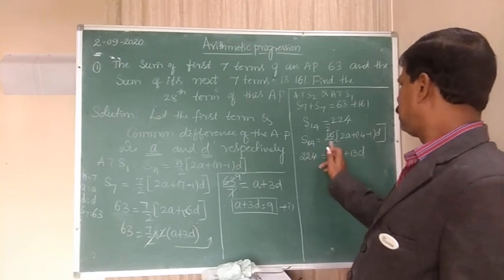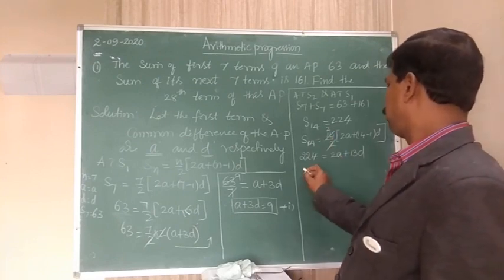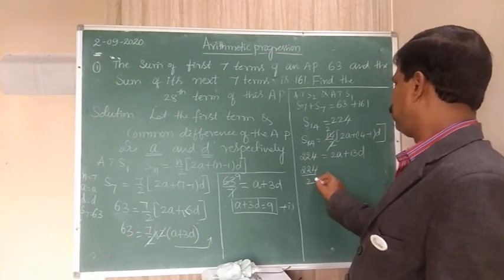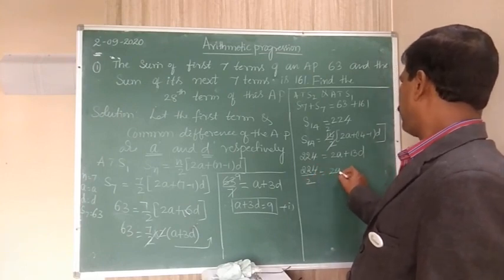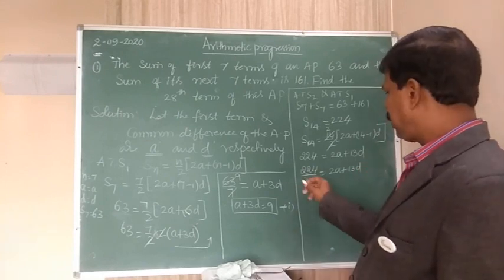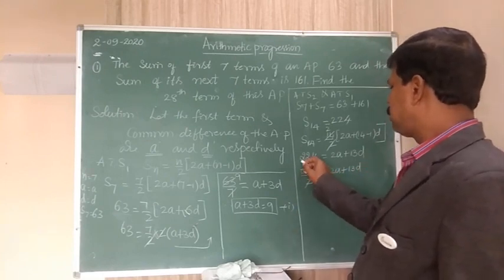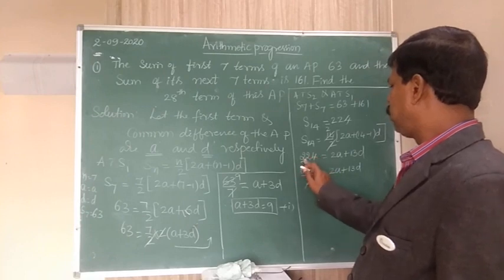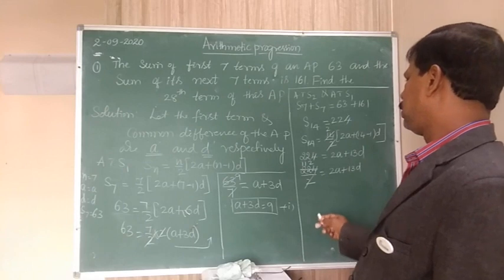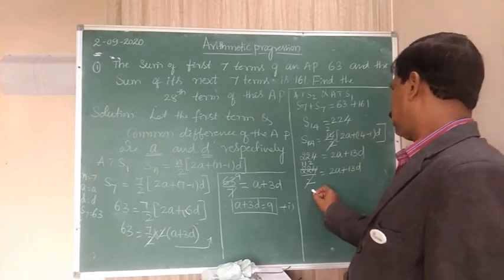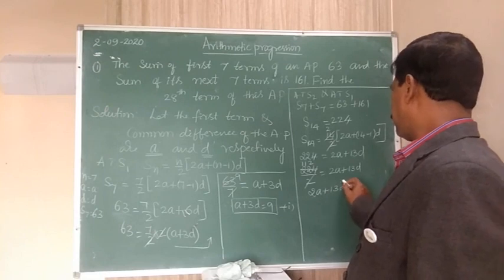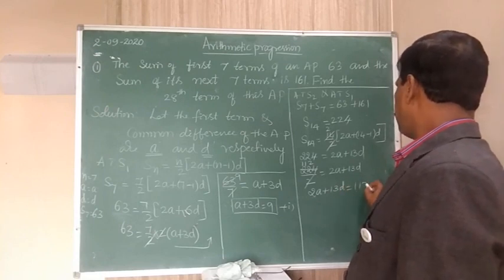Now 7 twos are 14, 7 fours are 28, so 32. Now 2A plus 13D is equal to 32.